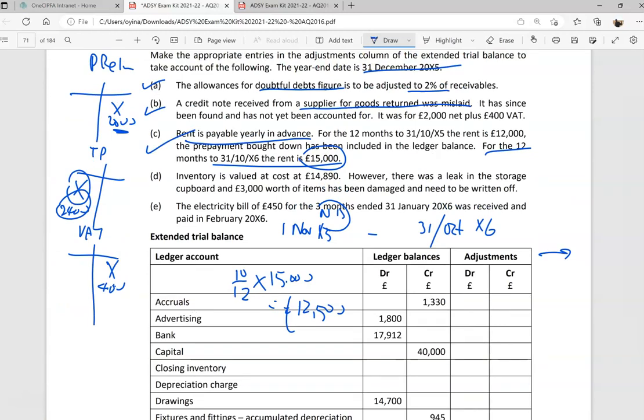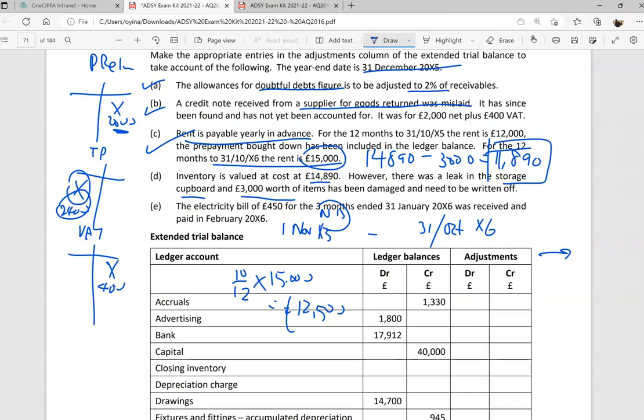It says here the inventory is currently valued at 14,890. There was a leak in the cupboard and 3,000 has been damaged and needs to be written off. So I have a loss on my closing inventory. I take off 3,000 from the 14,890, which leaves me with 11,890, and that's the value of your inventory.